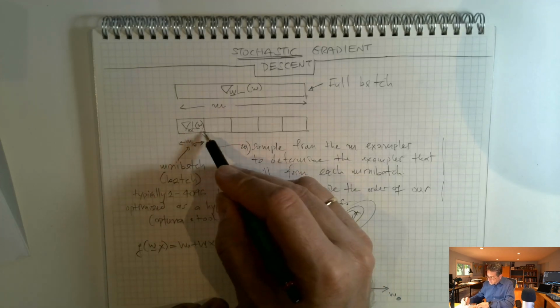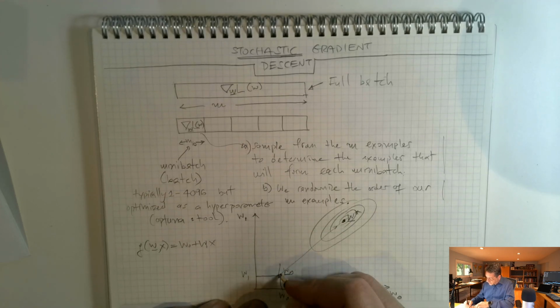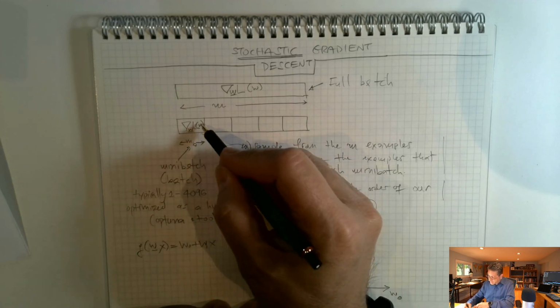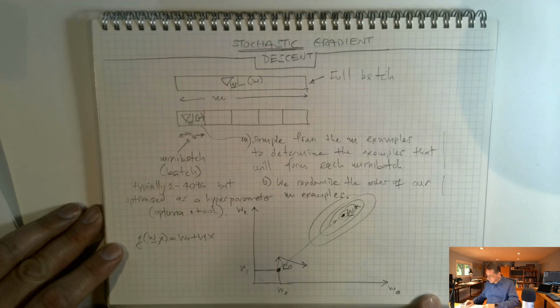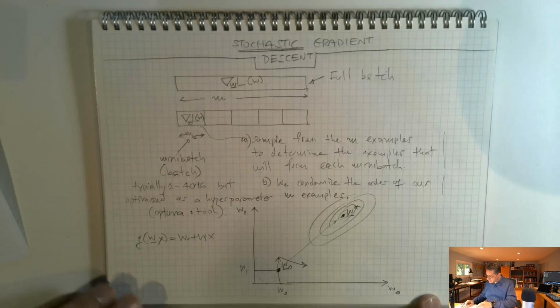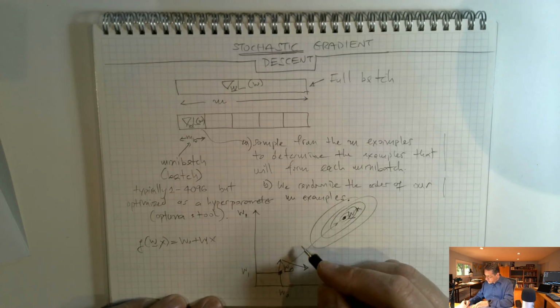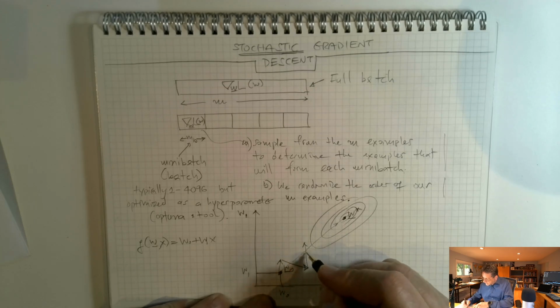Now with the mini batch, we are going to go into directions which are very noisy, because we are using only a small subset of our data for this type of estimation of the gradient. So our gradient estimates, which is the directional derivative that involves both parameters, will be fairly noisy.